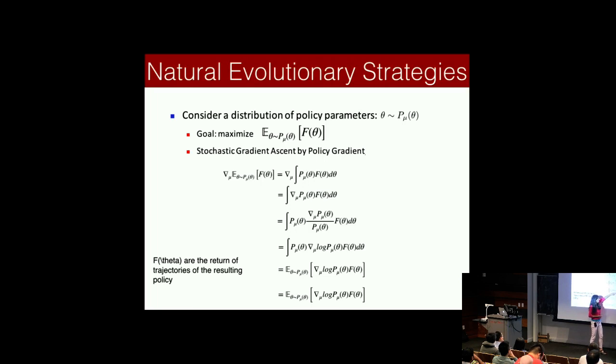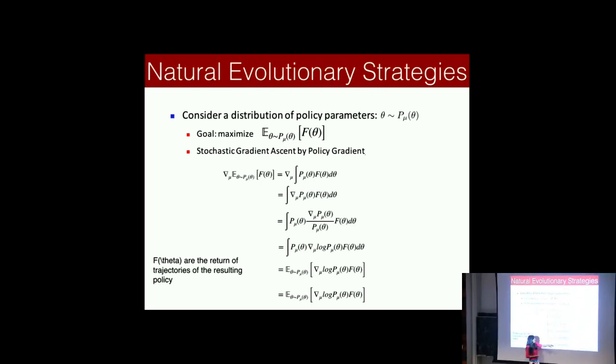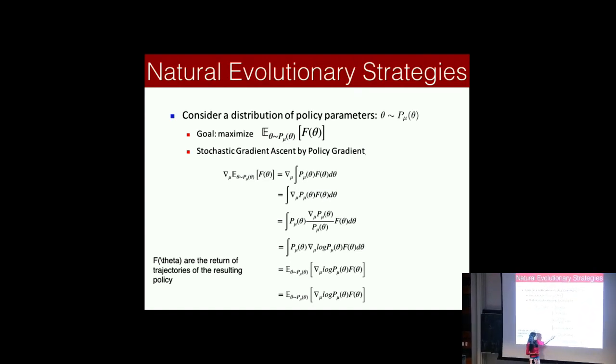This can be written as a grad log, and now you have an expectation of this score function. So the gradient of the expectation is the expectation of this score function. Same as before. So natural evolutionary strategies consider this gradient to update the parameters. And we will have a very concrete example right at the next slide.